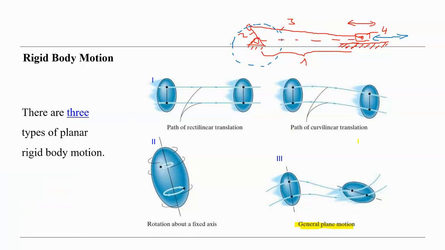We have here linear motion, rectilinear, but this is part of the curvilinear, not rectilinear, because the position, the speed, is changing within the time. And here we have rotation about a fixed axis. This one, rotation about a fixed axis. And link 3 undergoes general planar motion.